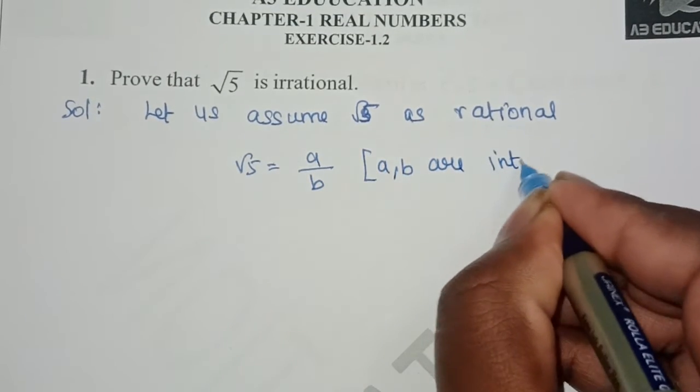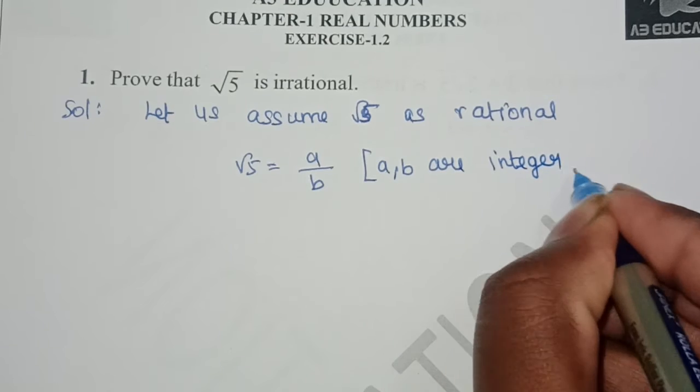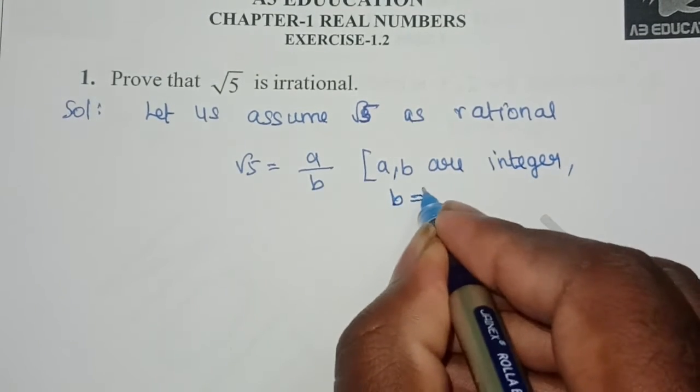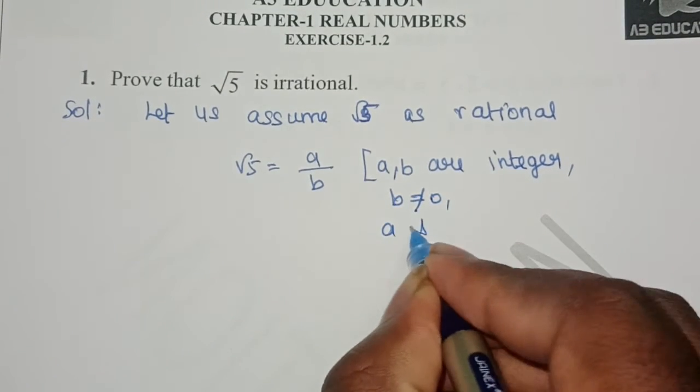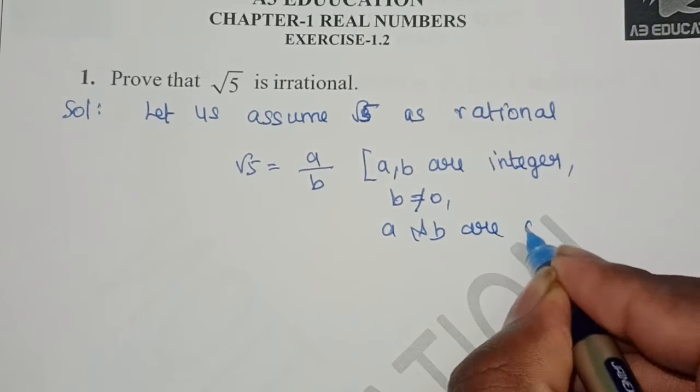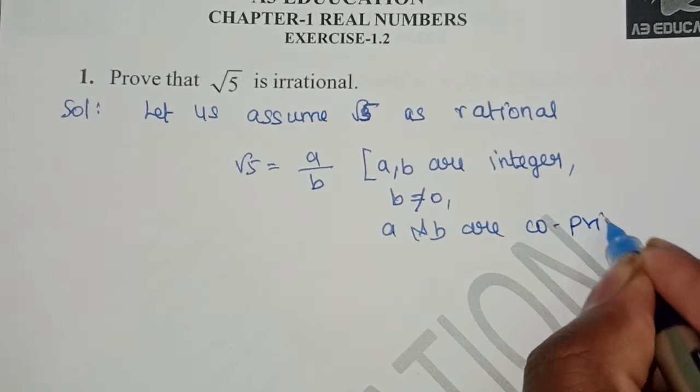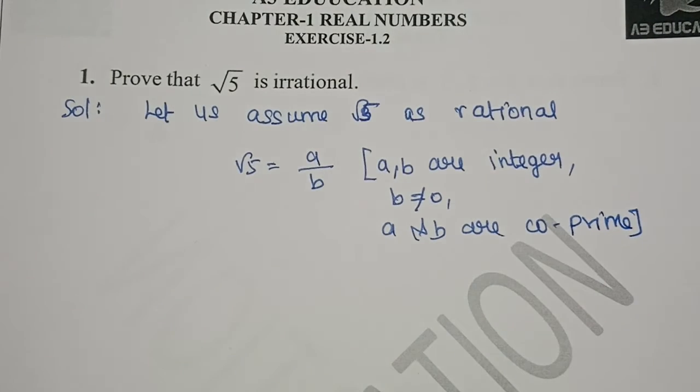First condition, a and b are integers. b is not equal to 0, and a and b are co-prime numbers. Co-prime means it should be in the smallest form in a fraction, such as 2 by 3 or 2 by 5.